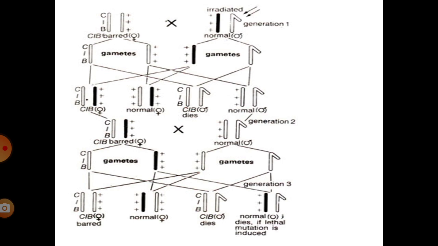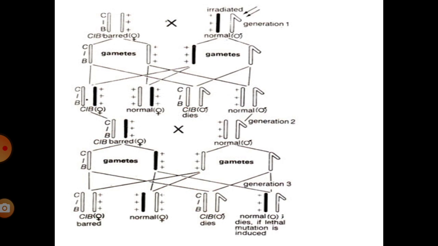And it hasn't happened. So the CIB female of the F1 generation has two abnormal chromosomes. One is the CIB chromosome and the other is the X chromosome from the X-rayed male, which has the lethal gene as a result of mutation due to exposure to X-rays.